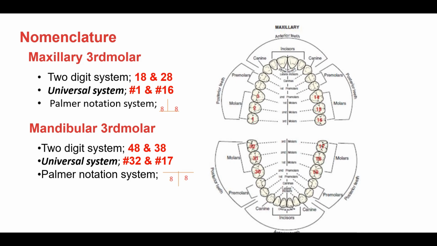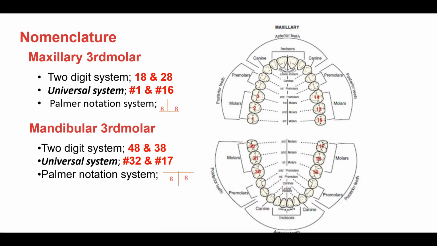Coming to the naming system, according to the two-digit system, it is 1-8 and 2-8 for the maxillary third molar, and for the mandibular third molar it is 4-8 and 3-8. In the universal system, as you can see, it is 1 and 16 for the maxillary third molar, and 17 and 32 for the mandibular third molar.